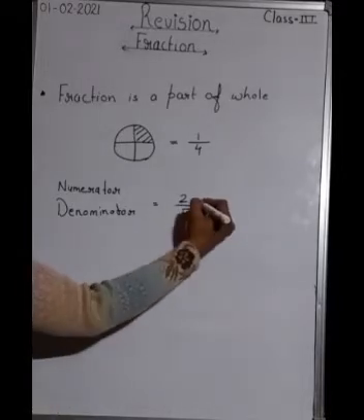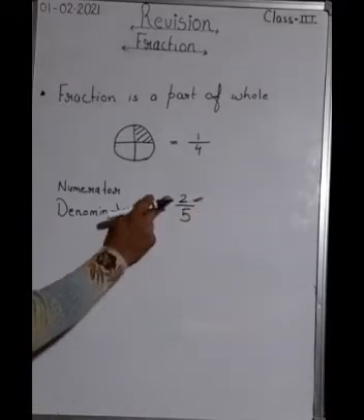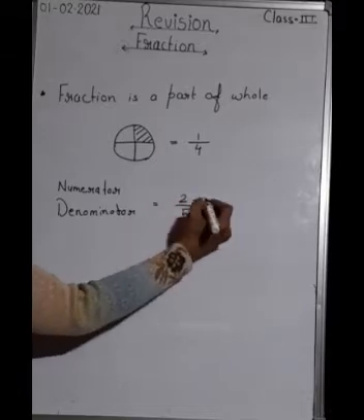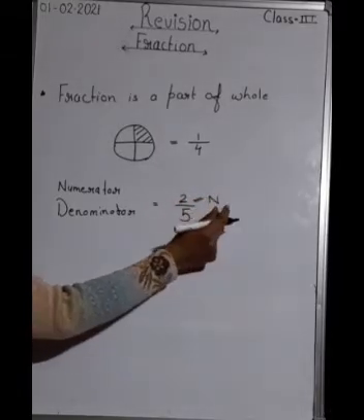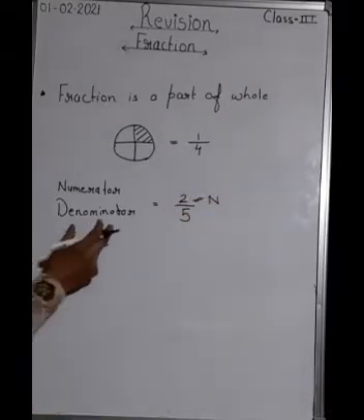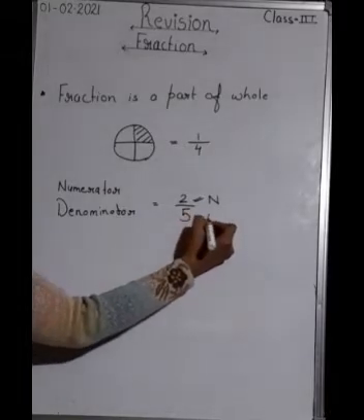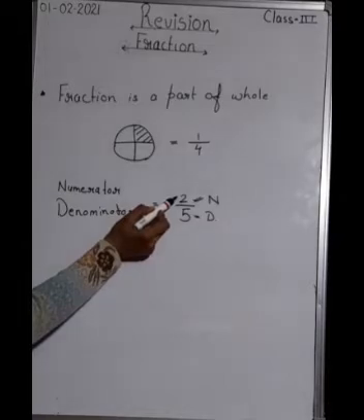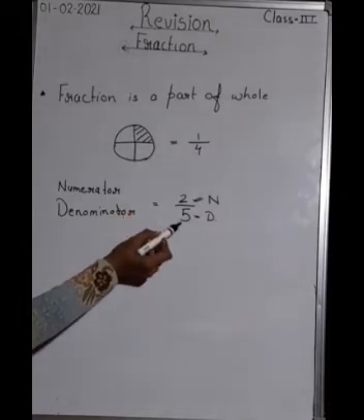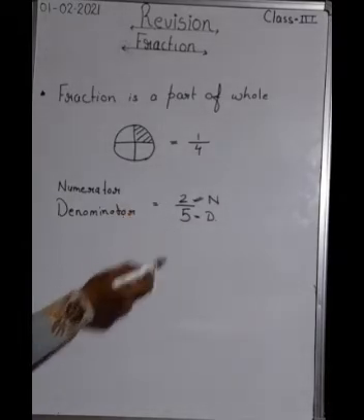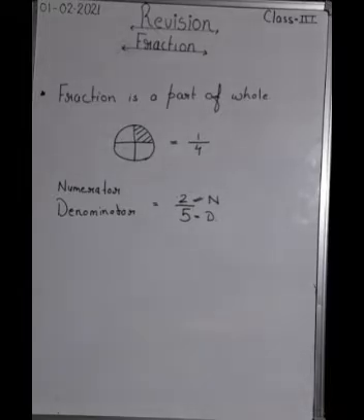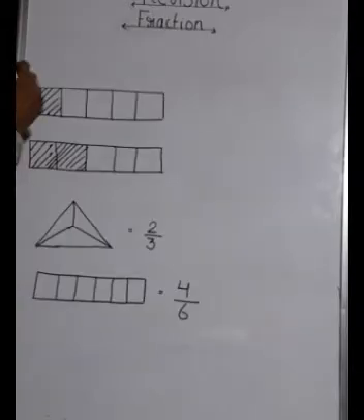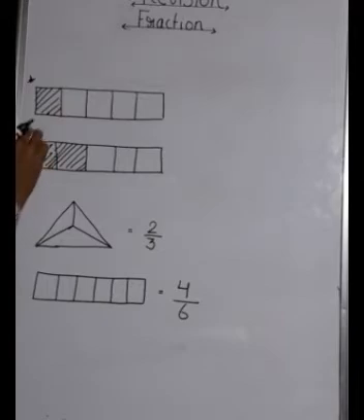Here the number which is above, on the upside, is known as your numerator, denoted by n, and the one which is below is known as your denominator. Clear? Okay. Now students, next we will learn how to write the fraction of these given figures.